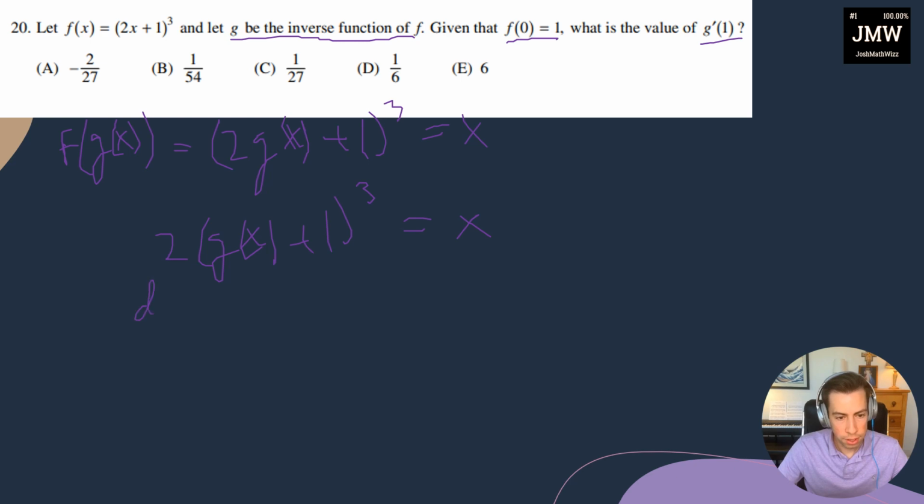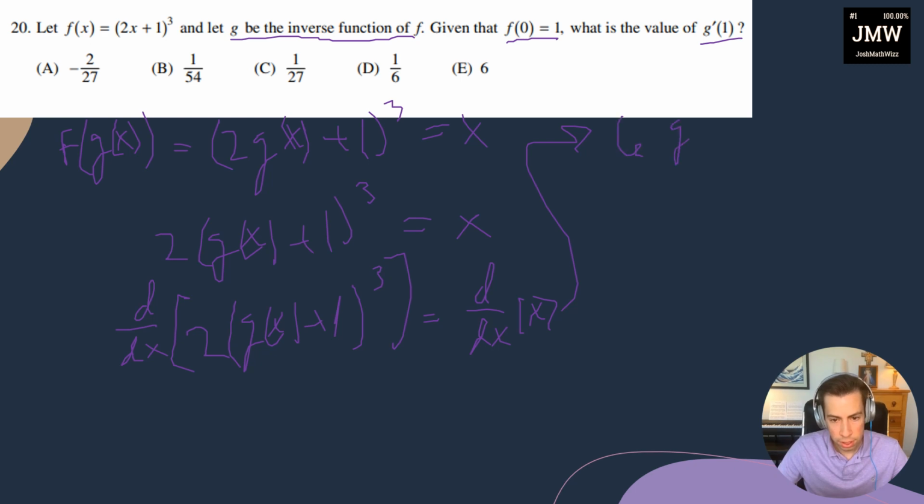So I'm going to take the derivative of (2 g of x plus 1) cubed, and then the derivative of the other side. I'm going to have to use the chain rule. I'll do the power rule first, and I will get 6 times (g of x plus 1) squared, and then I need to take the derivative of the inside, so multiplied by g prime of x, and that's going to equal 1.